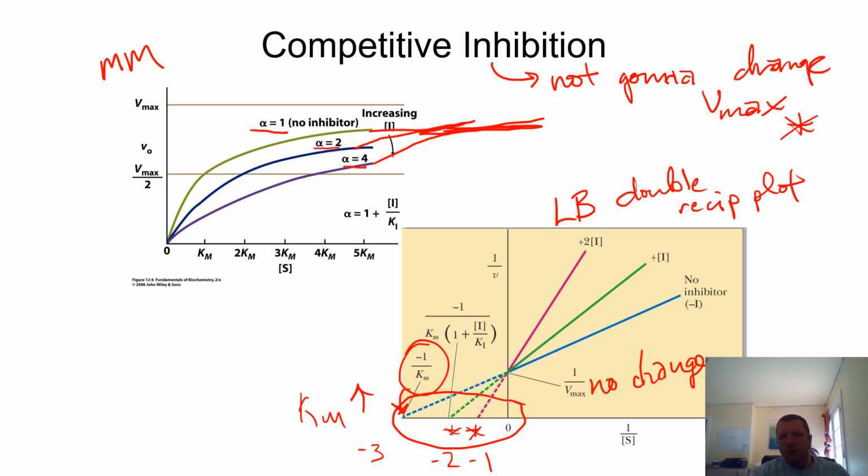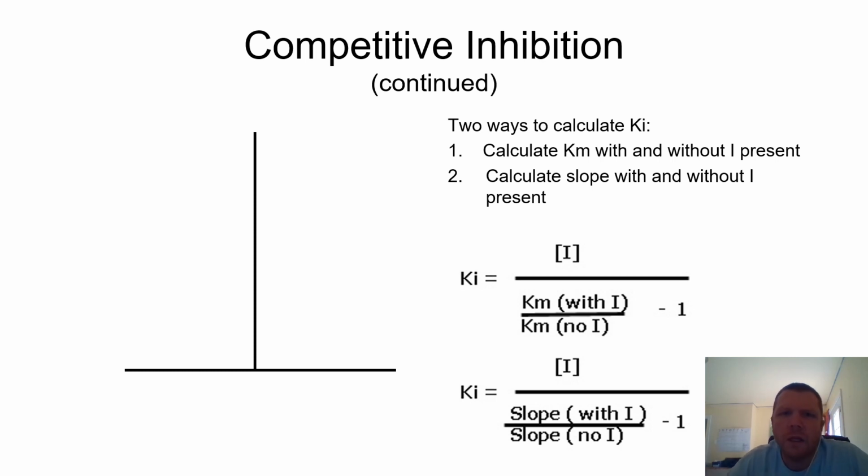Now, this shows us a way to calculate our Ki, and remember, our Ki is basically our way of reflecting and evaluating the affinity that our enzyme has for our inhibitor. So this slide shows us maybe the more effective and easier way to calculate the Ki for your competitive inhibitor.